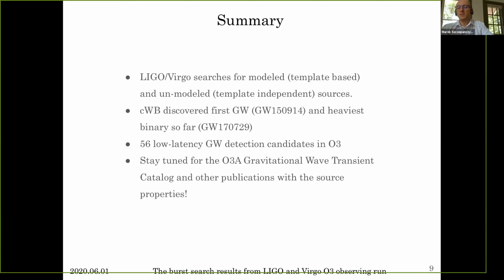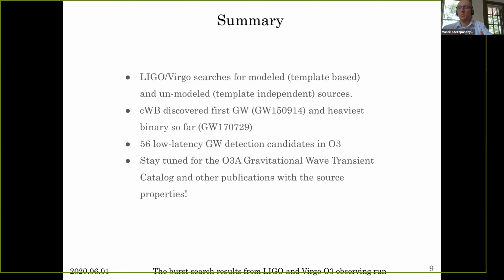The retraction happens sometimes very quickly, sometimes after a few days. First, the pipelines analyze data and they provide a trigger that, when it goes below some thresholds, is sent publicly. Then a committee meets up and we discuss whether it is a real event or not.